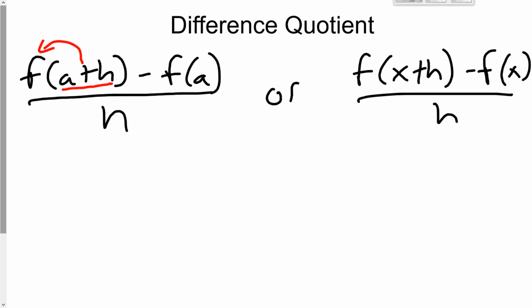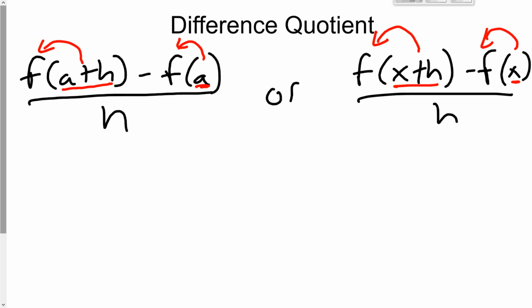Here I'm plugging a in for x of my f equation. And then this one is the equivalent, right? These are just different letters. A is the same as x. So here I'm taking x plus h and plugging it in for x into the f equation. Here I'm taking x and plugging it in for x, so that's really not going to change that function, and then all over h.